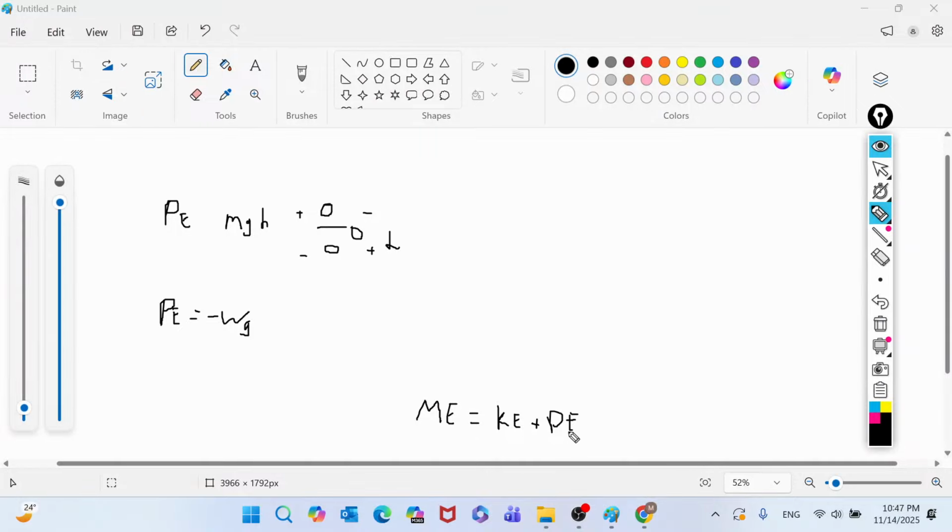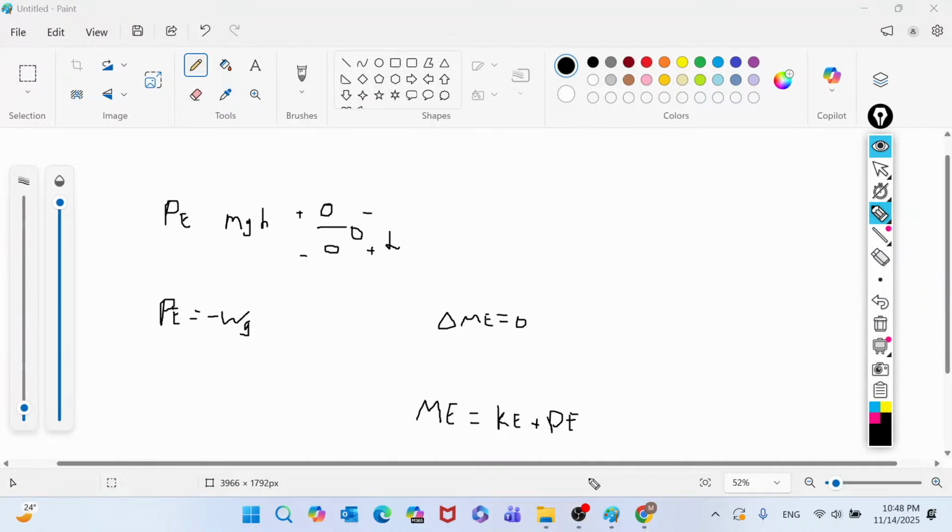Okay? And guys, in closed systems, mechanical energy is conserved. That's the law of conservation of mechanical energy. So change in mechanical energy equals 0. That means that kinetic energy initial plus potential energy initial is equal to kinetic energy final plus potential energy final.